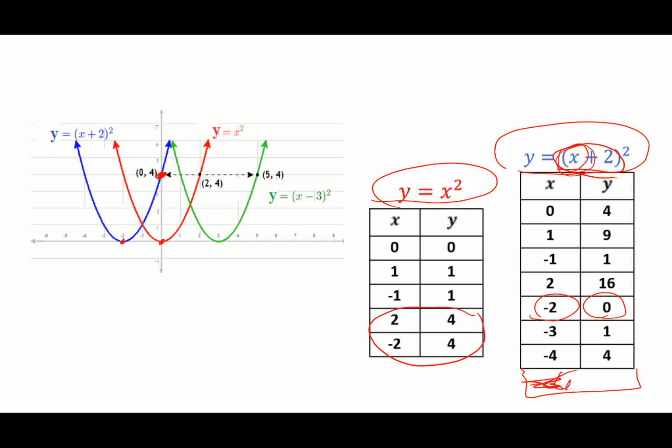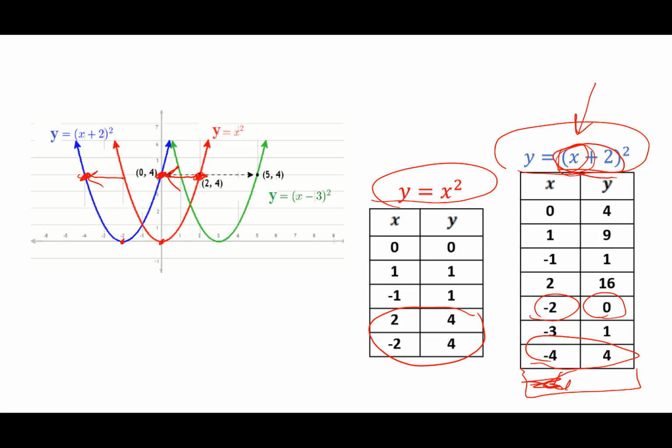So where that used to be here, now it's moved over to the left 2 places. And if you want to get that other, the symmetric point that also has 4 for y, you'd have to put in negative 4 here, because negative 4 plus 2 would be negative 2, squared would be 4. So that point is moved way over here.